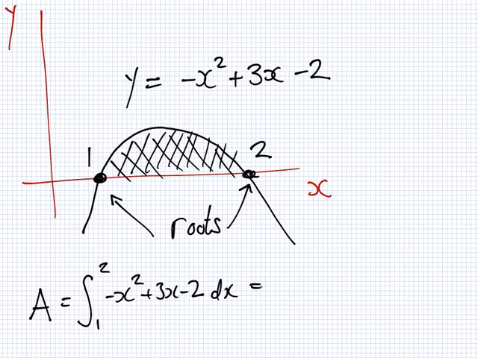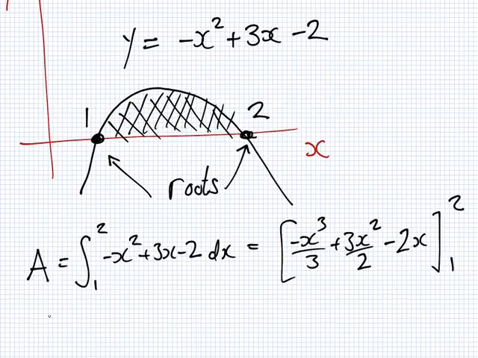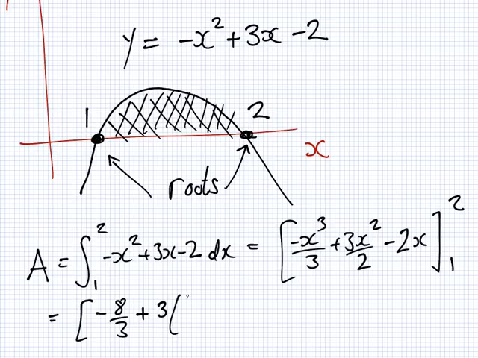dx, which is equal to minus x cubed over 3 plus 3x squared over 2 minus 2x, from 1 to 2. Let's put in 2 first. I get minus 8 over 3 plus 3 times 4 over 2 minus 4.